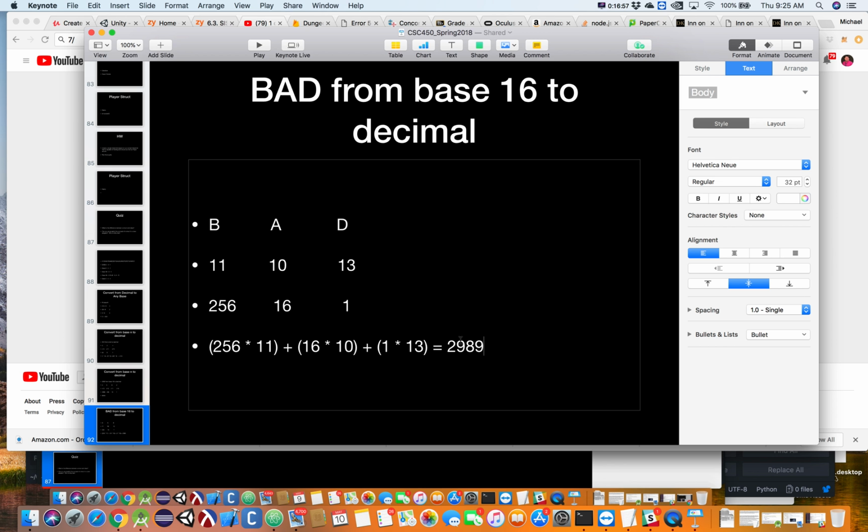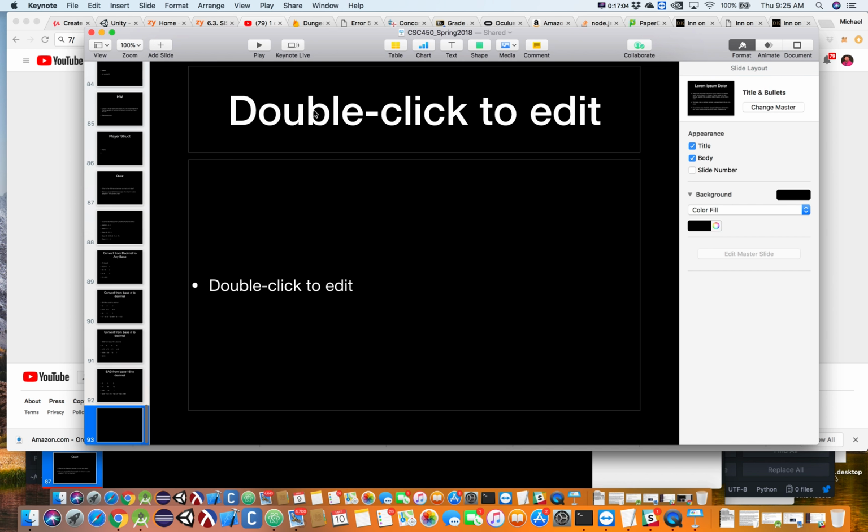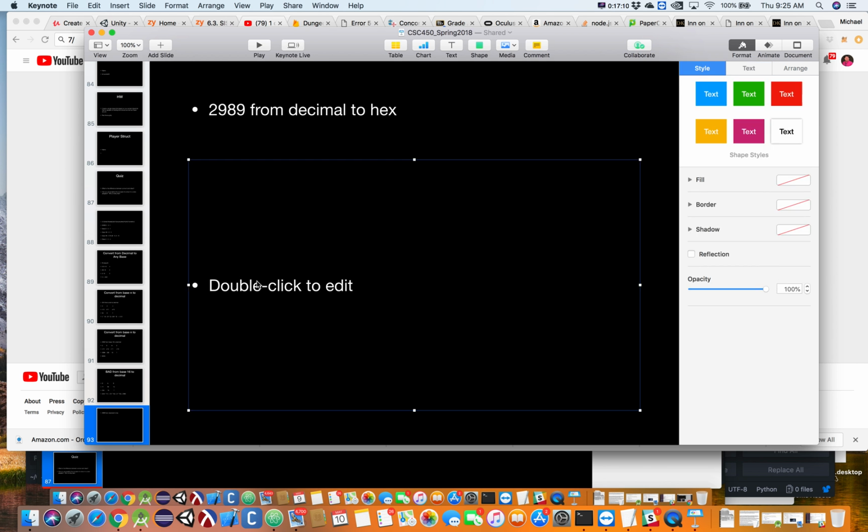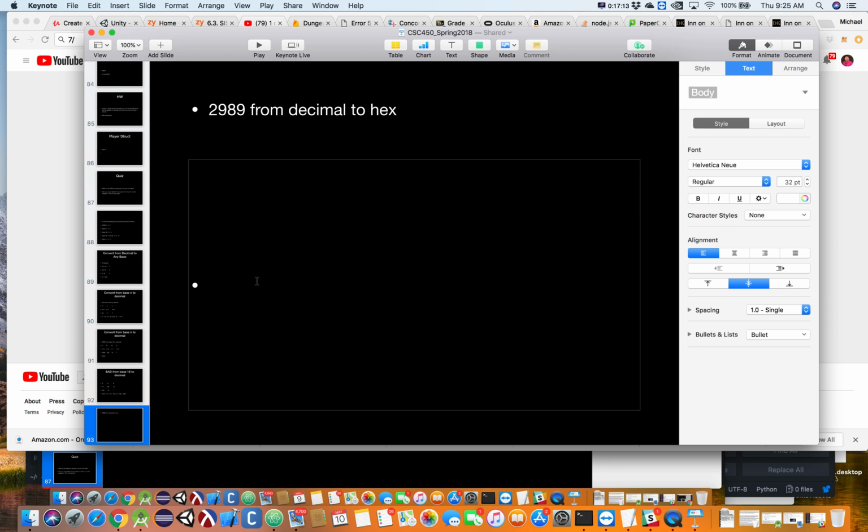And if you want to see that go in the other direction, if we went 2989 from decimal to hex, which pattern is that? Is that the divide thing? Yes, that's the divide thing. So we do 2989, and we're dividing it by what? 16.